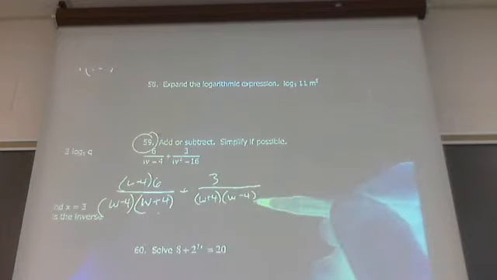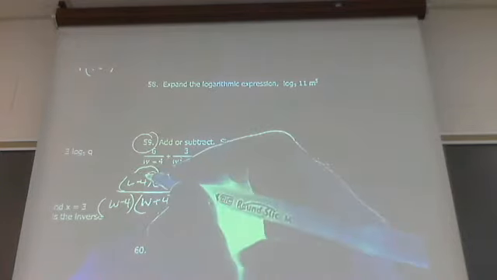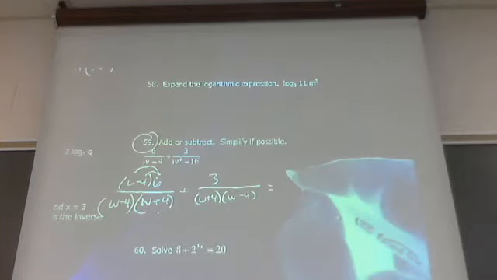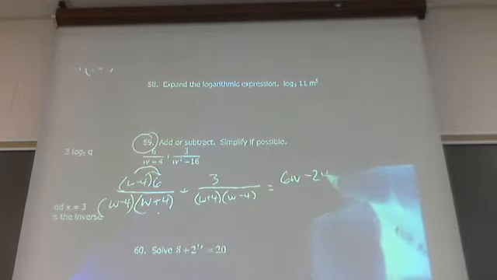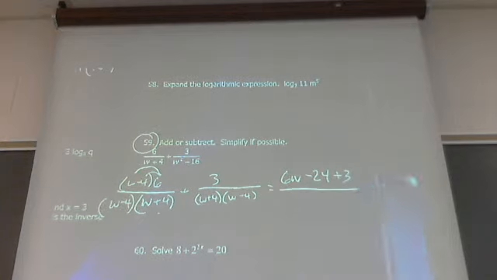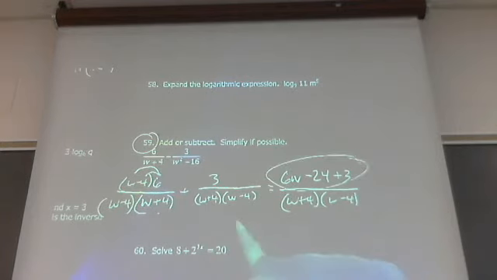It was missing the other one. And now I can distribute this, giving myself 6W minus 24 plus 3 in the top. What does that numerator simplify to? 6W minus 21. The denominator will stay the same.